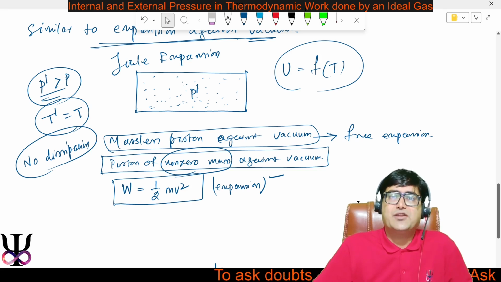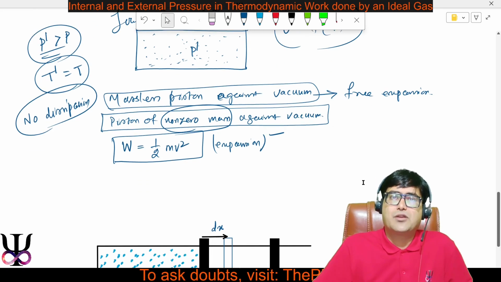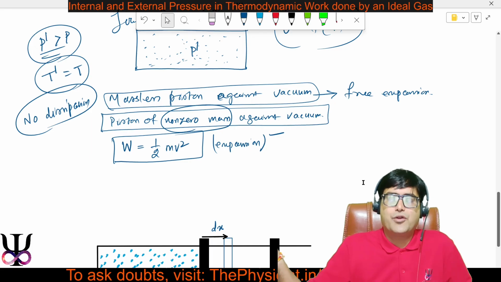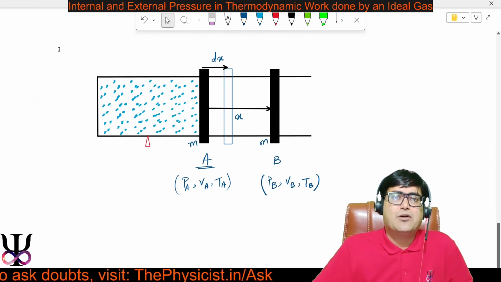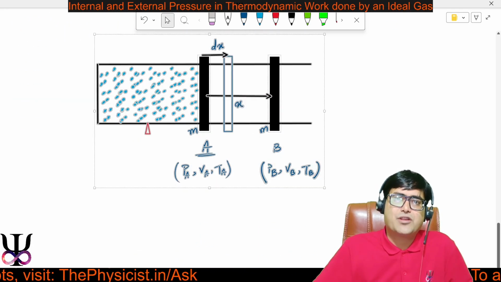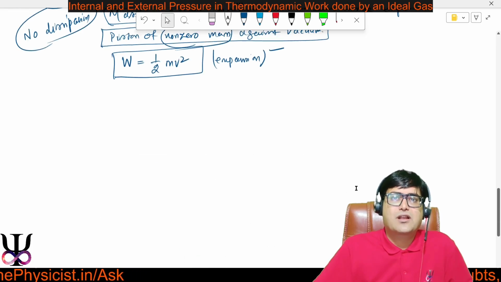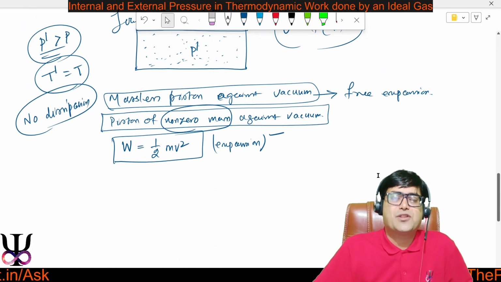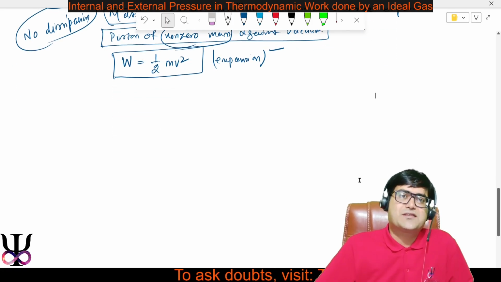Now that is when you have a vacuum on the other side. Now, what if there is no vacuum on the other side? What do you do? Now, that is a simple thing.